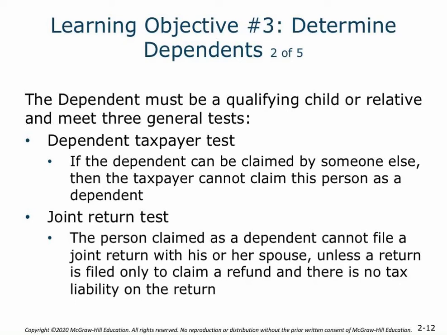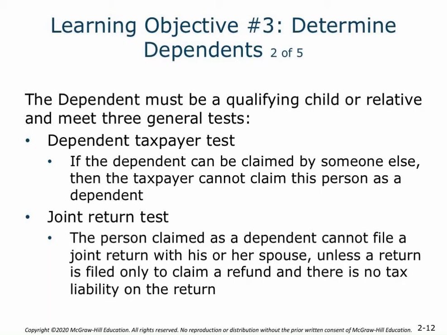If, for example, an individual is claimed by a parent, then even though they might be staying with a relative, they can't be claimed by that relative as well. Or if they are legitimately claimed by that relative, then the parent should not be claiming them. So you're going to have to look at what the situation is. We'll go through the tests a little later in the slide deck to know whether or not the individual will be a dependent of that tax filer.